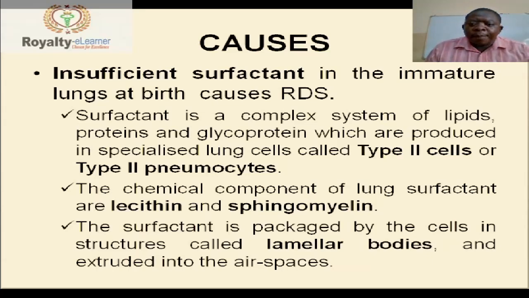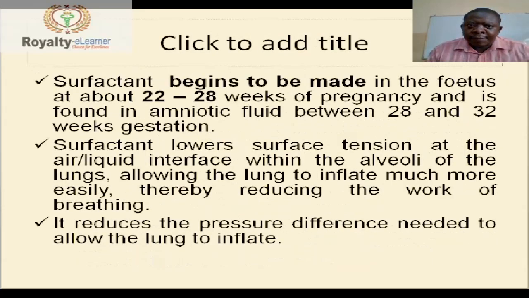The chemical components of lung surfactant are lecithin and sphingomyelin. The surfactant is packaged by the cells in structures called lamellar bodies, and it is extruded into the air spaces.